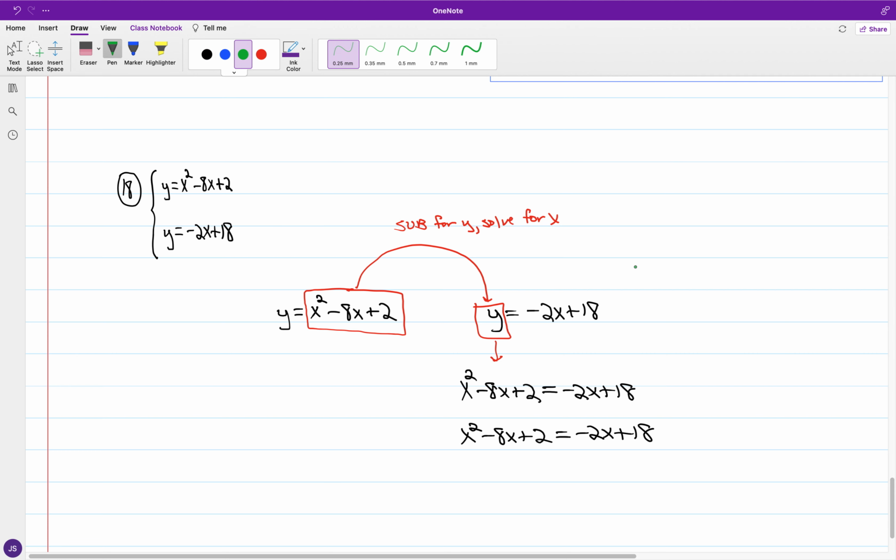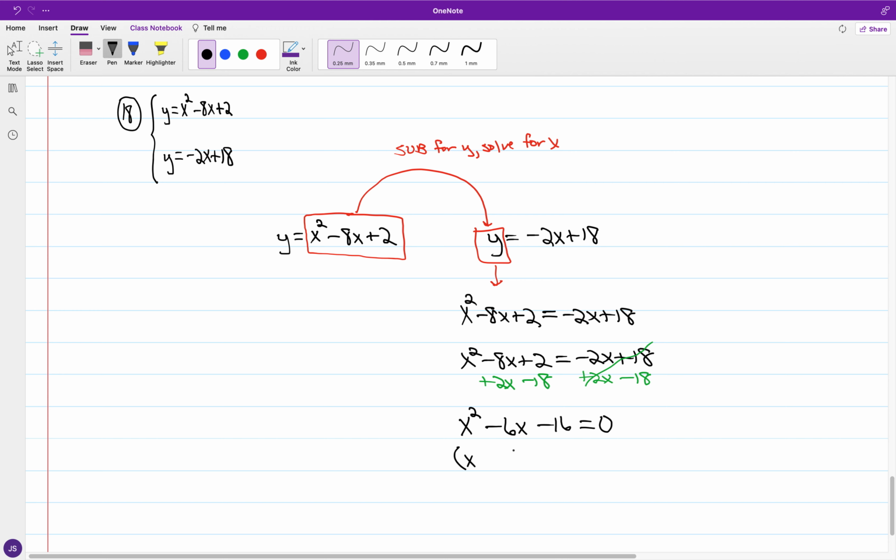Setting the equation to 0, I'll just move the 2x and the 18 by respectively adding and subtracting. So here I'm going to have x squared minus 6x minus 16 is equal to 0.